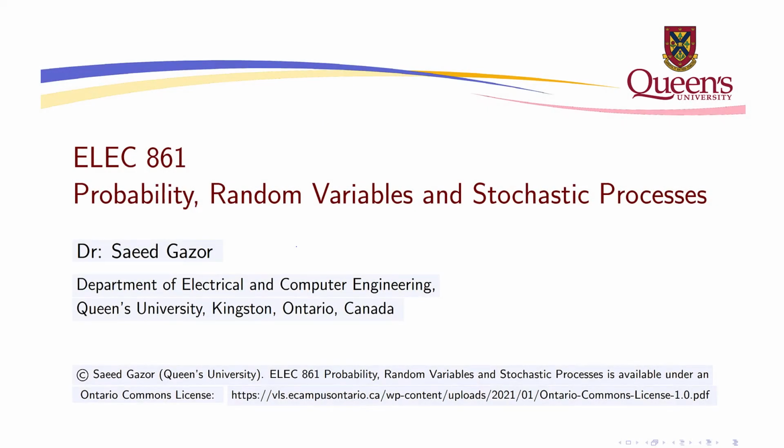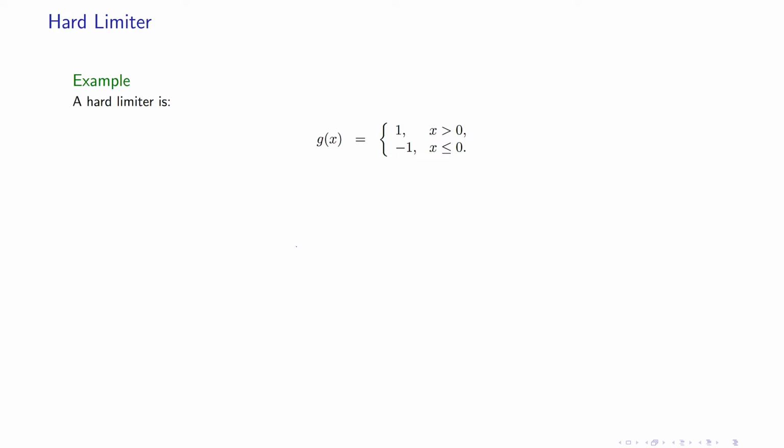We now have an example on stationarity and a hard limiter. A hard limiter is just a simple system, an amplifier, a comparator, plus, minus, where you compare the input with 0.